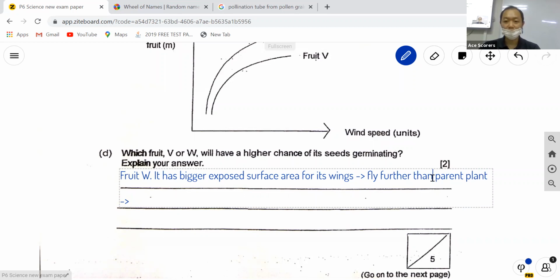Further from the parent plant means less overcrowding, which means a higher chance of more nutrients or space.